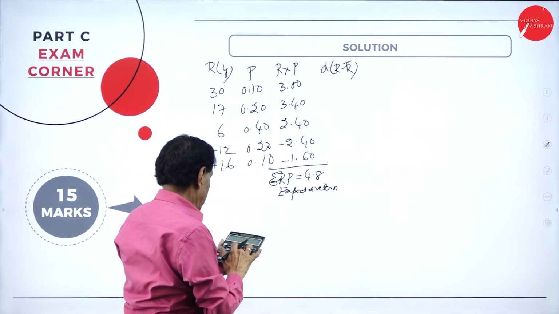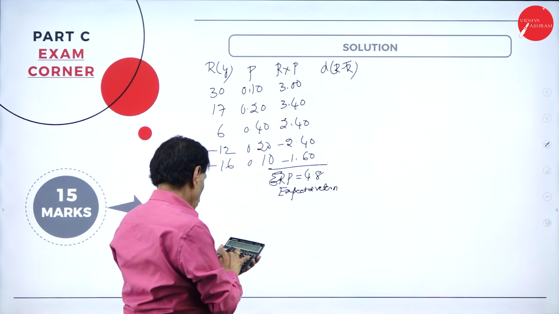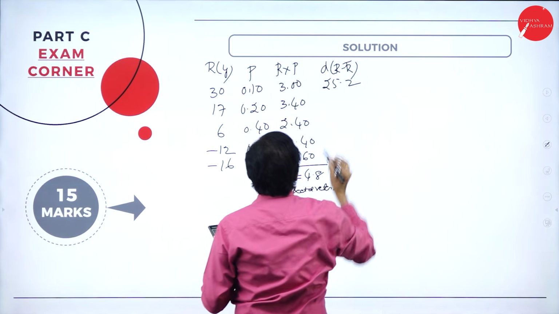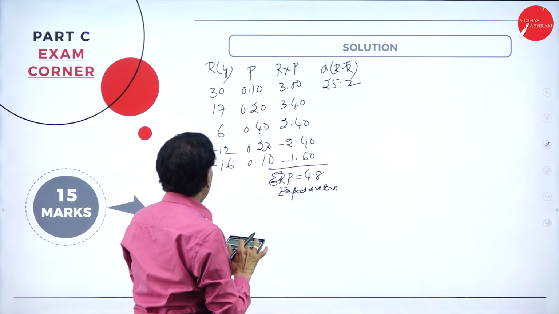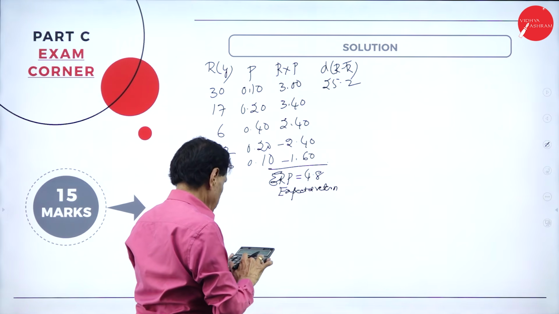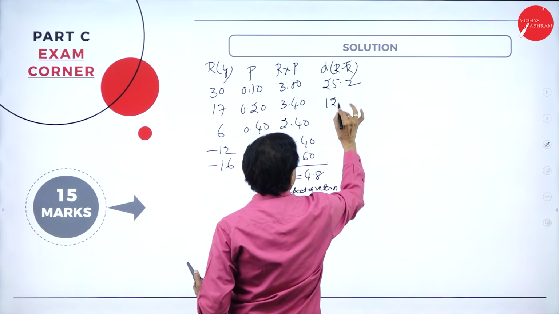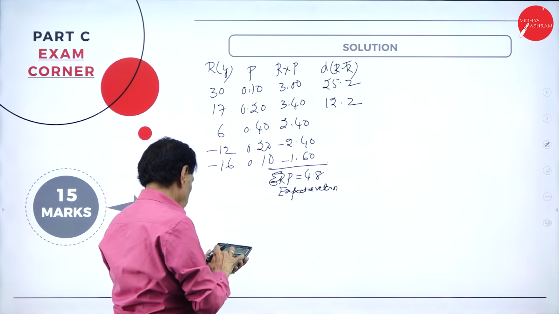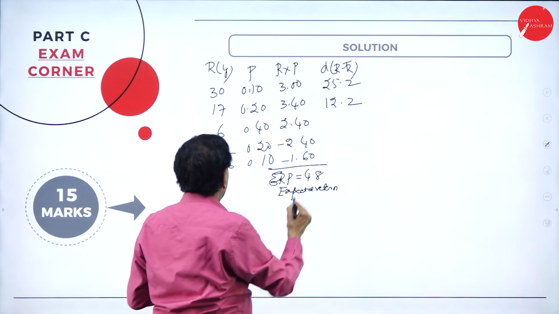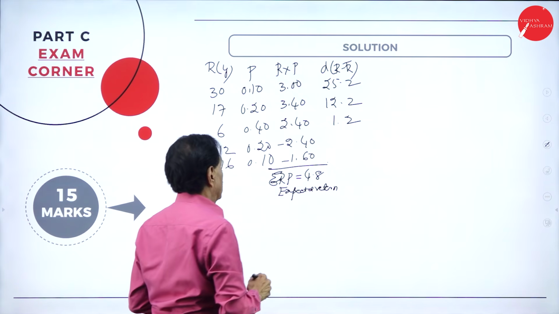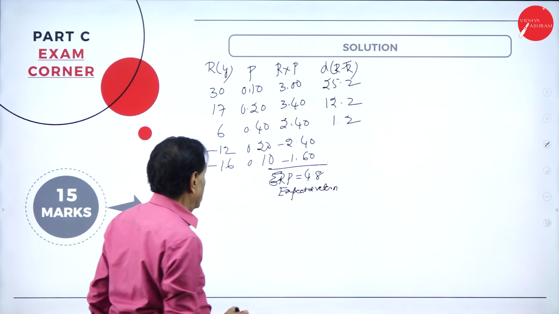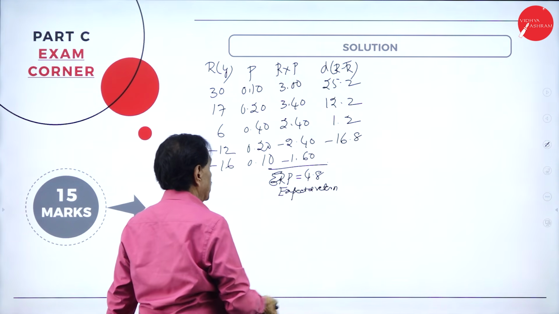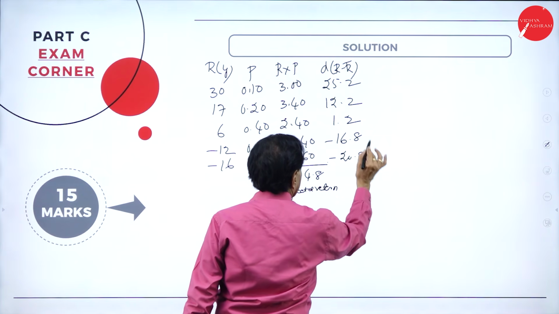This is 30 minus 4.8, 25.2. 17 minus 4.8 is 12.2. Then 6 minus 4.8 is 1.2. Minus 12 minus 4.8 is minus 16.8. Minus 16 minus 4.8 is minus 20.8.